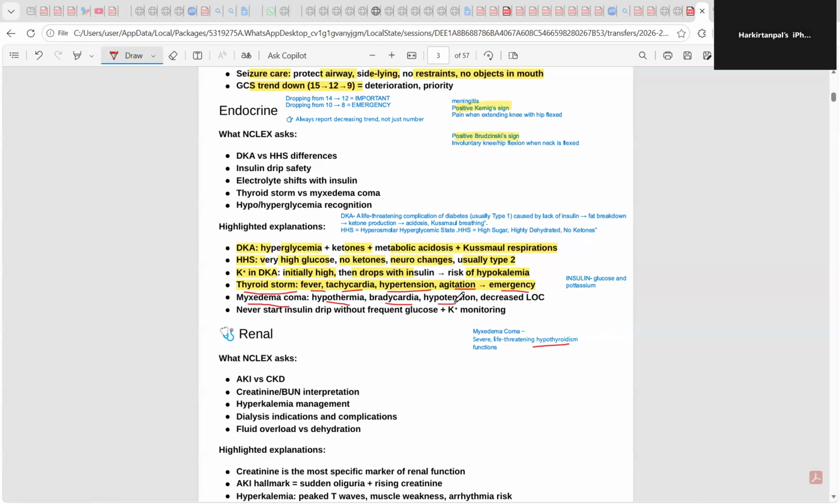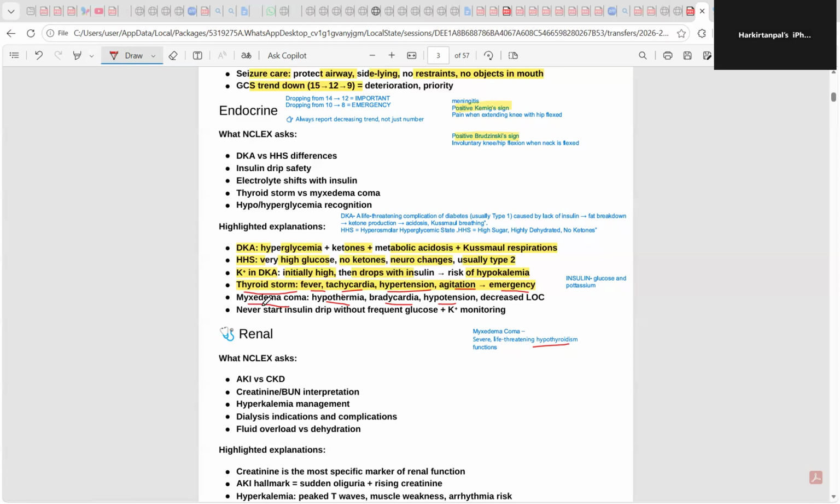You can memorize it this way: high, hyperthyroidism, leads to all the parameters going high, and hypo means low, so low thyroid hormone leads to all the parameters going lower. So in thyroid storm there is fever, tachycardia, hypertension, agitation, and emergency.